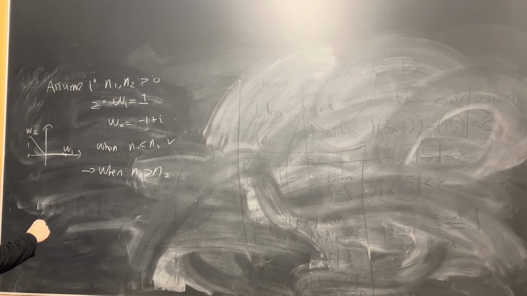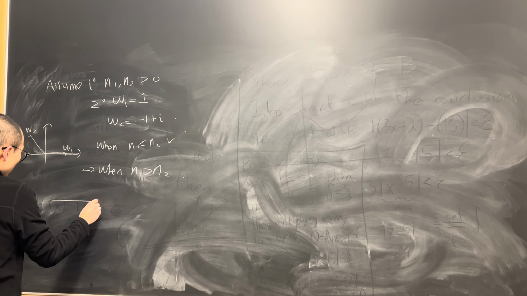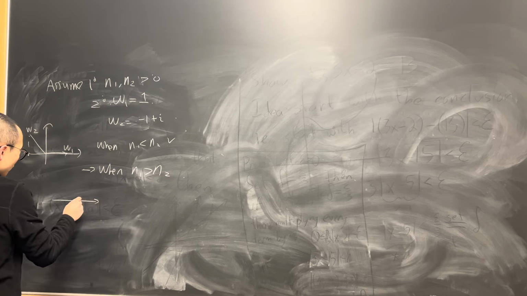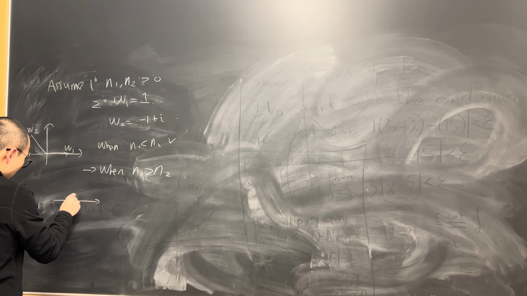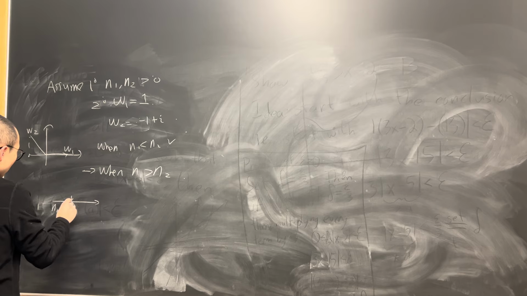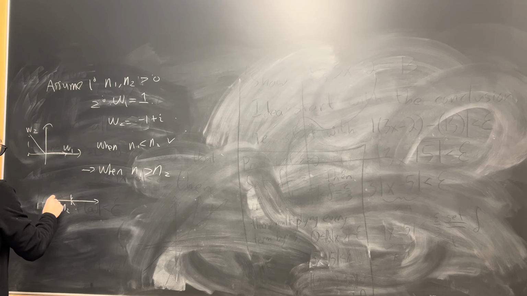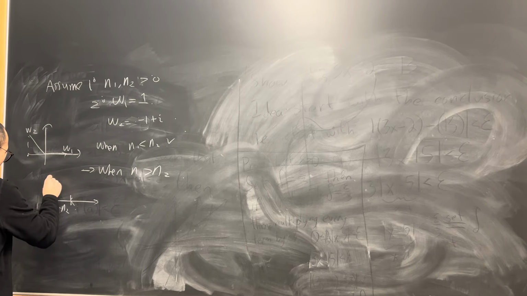Here we have N1, and then minus N2, so this is N1 minus N2, and the height is just N2, right?